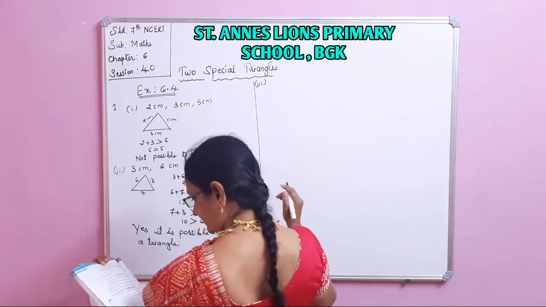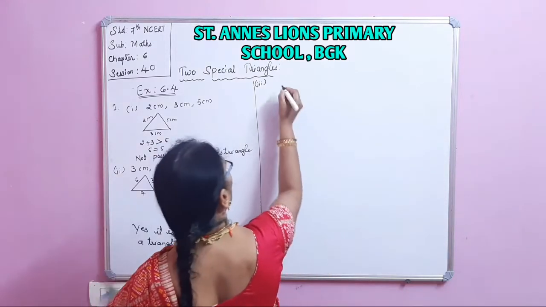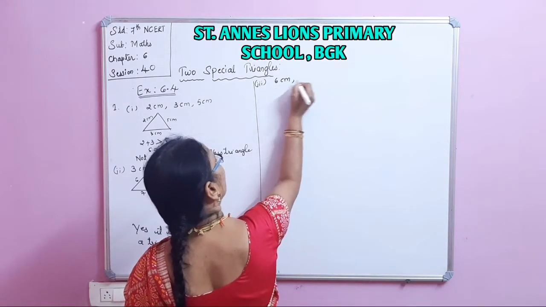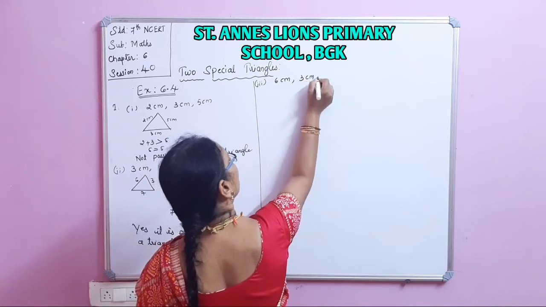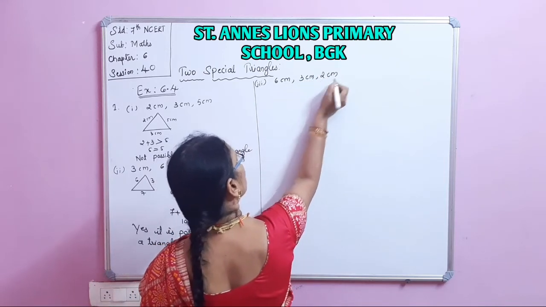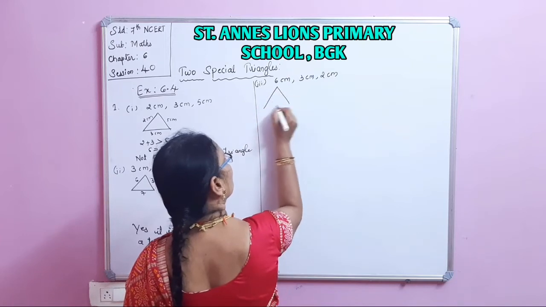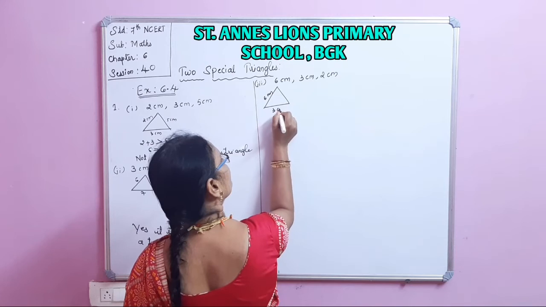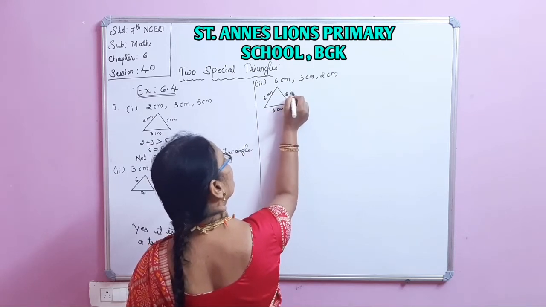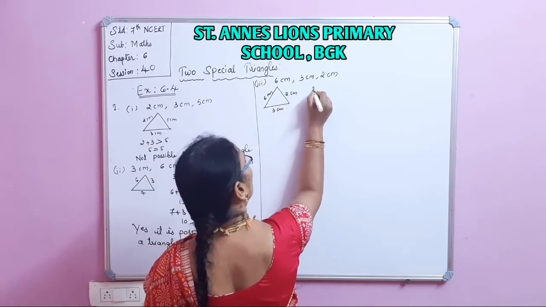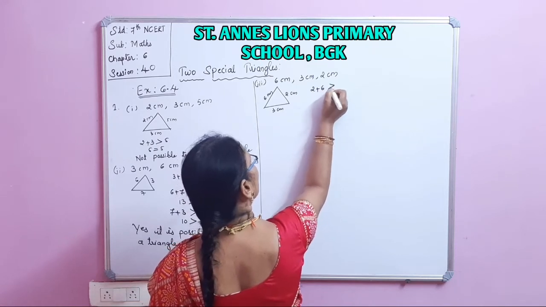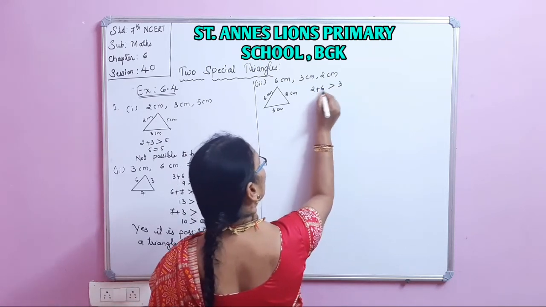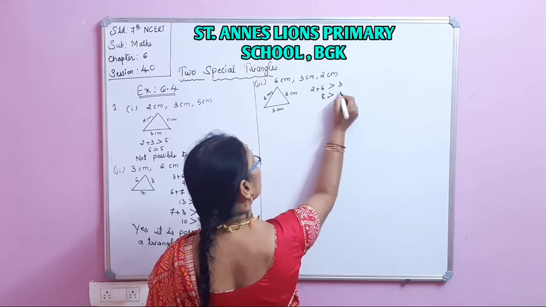Now the third one: 6 centimeter, 3 centimeter, 2 centimeter. Let me draw the rough diagram. Now 2 plus 6 must be greater than 3. 2 plus 6 is 8, which is greater than 3.